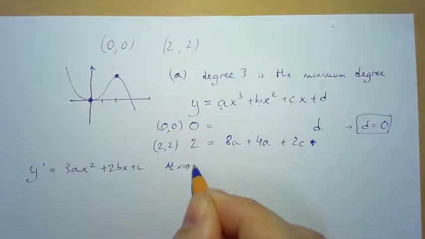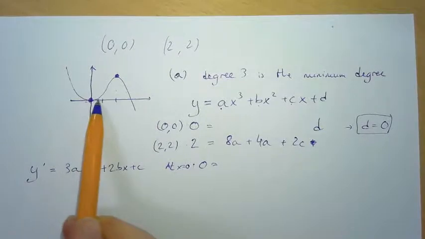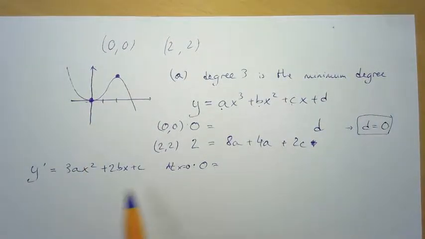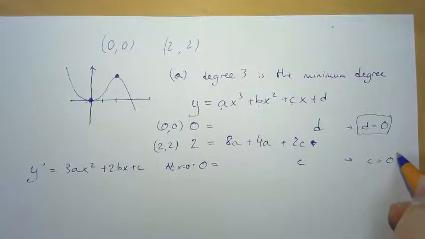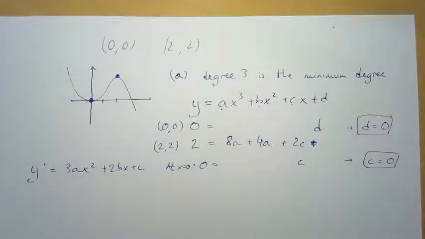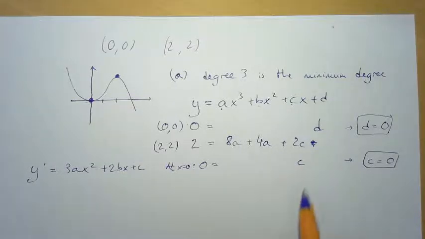And we need this to be 0 at x equals 0, since we have a horizontal tangent line. That is going to be 3 times a times 0 plus 2 times b times 0 plus c. So just c. This yields c equals 0, which we could put back here to get rid of the plus 2c now.